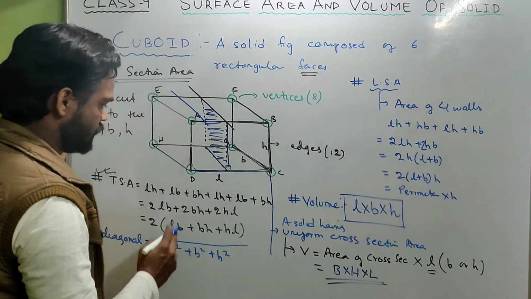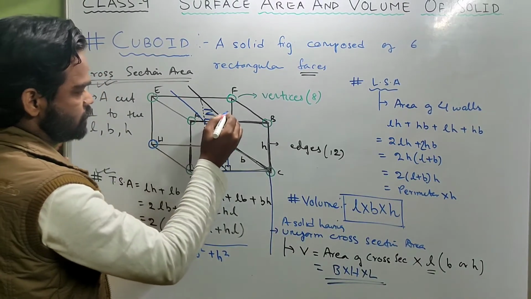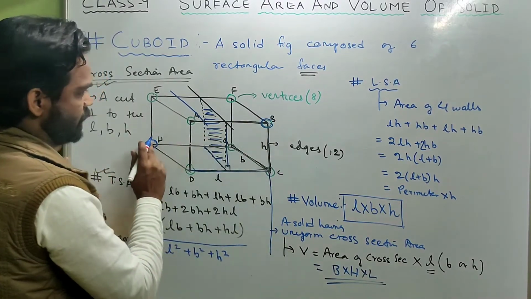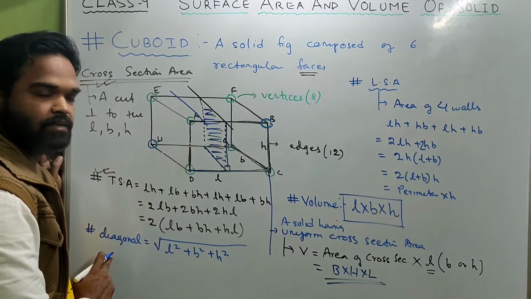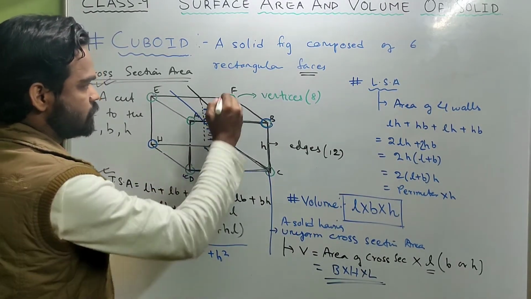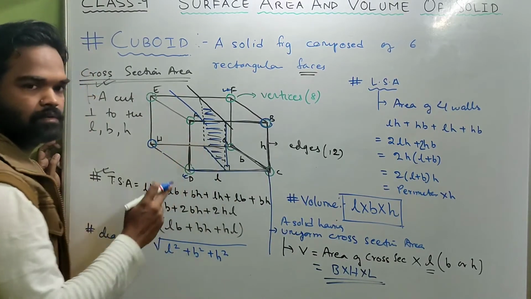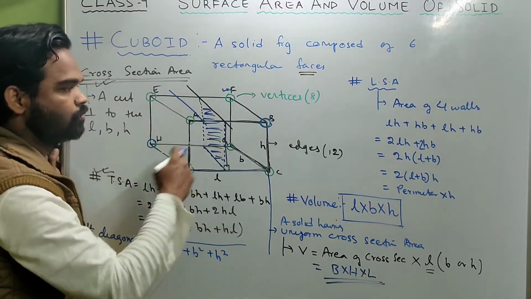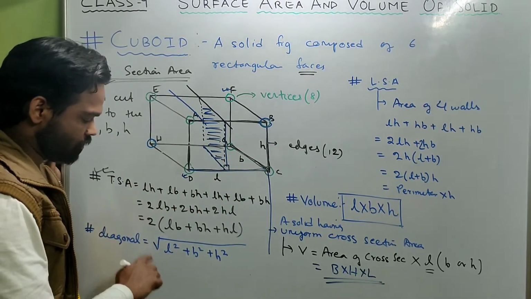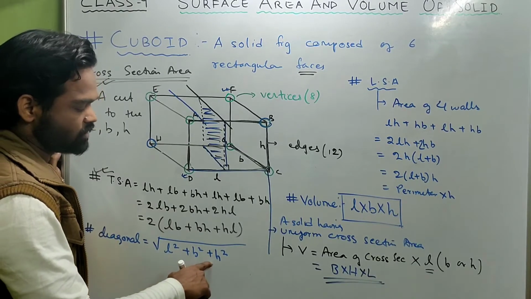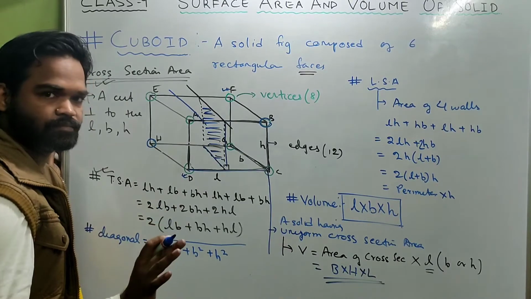The length of the longest rod will be from this point to this point, from H to B. The distance is known as the diagonal. Or you can say from D to F, E to C, A to G. If you join those 2 points, E, C, then you get the length of the diagonal, which is given by root over of L square plus B square plus H square. We can derive this by Pythagoras theorem. Okay, I'll make a video on this.